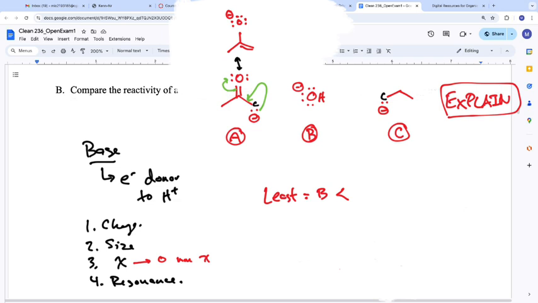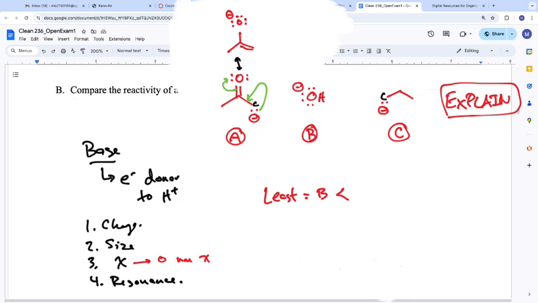So if we're now going to compare A to C, what do we say? There's more resonance in A than C. What was the question? Which one's more reactive? What was the reactivity we decided to define? Strength of a base.